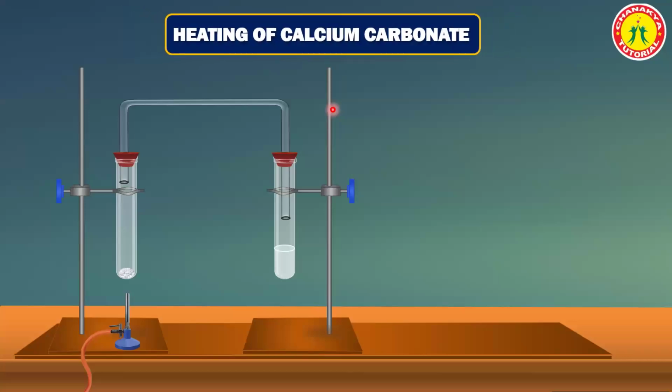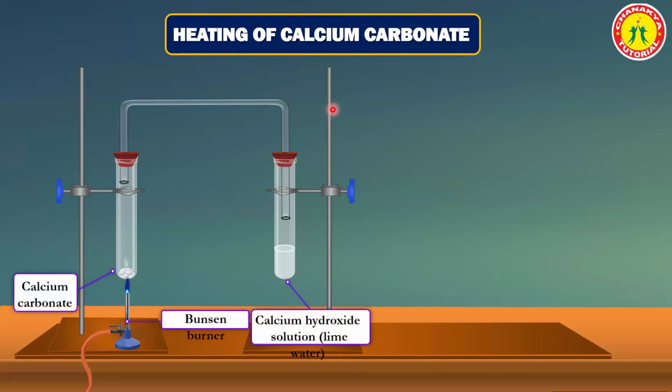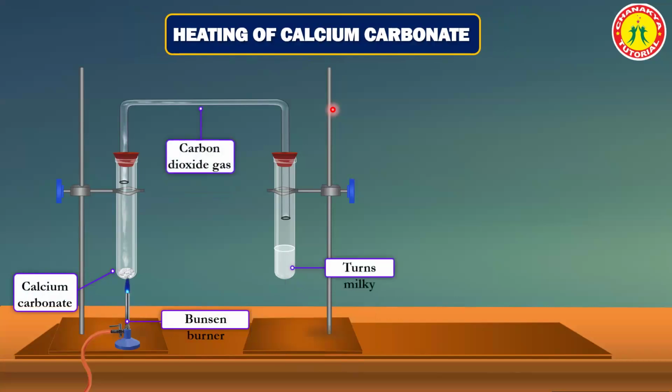For example, we'll take calcium carbonate and we'll heat it. On burning, it produces carbon dioxide. So this carbon dioxide passes through this tube and gets added to the calcium hydroxide and turns it milky.